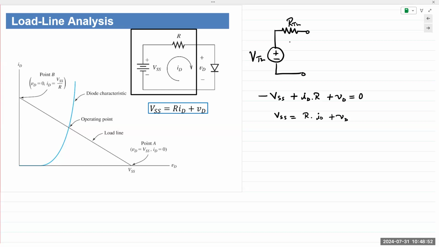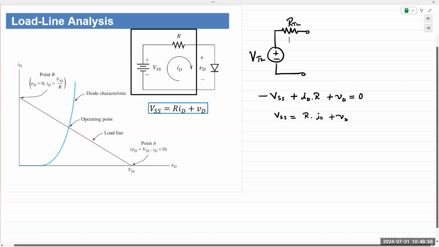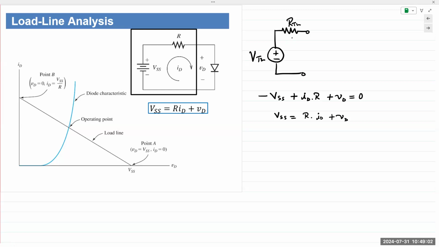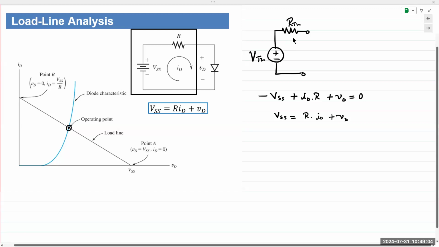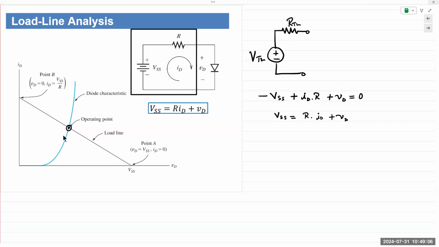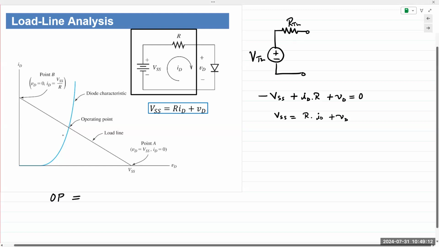So we have the diode characteristic, we have the load line. The intersection point is termed the operating point. So the intersection point right here is termed the operating point. It is also known as the Q point.